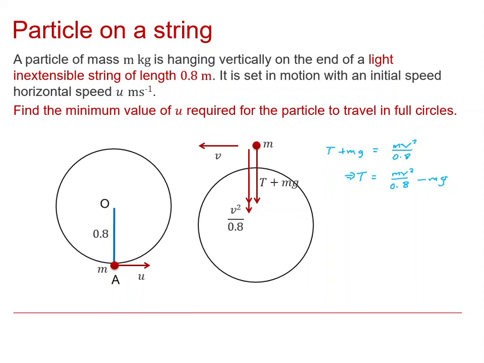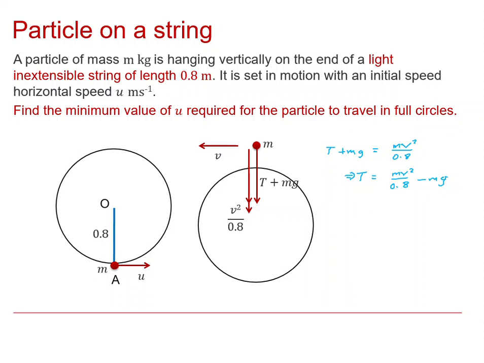In which case that would imply that the tension is negative. Well, that means that the string would be pushing the particle to keep it in circular motion, and that's not sustainable in this model. So we're interested in what happens if we end up with a negative tension.